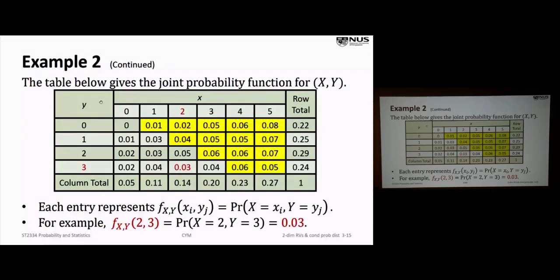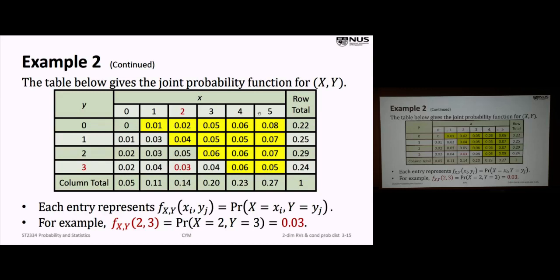On this column, Y represents the possible number of machines made by line B. So line B could make 0 machines, 1 machine, 2 machines, or 3 machines, and in this row, the values correspond to the possible values of X: X is 0, 1, 2, 3, 4, 5.